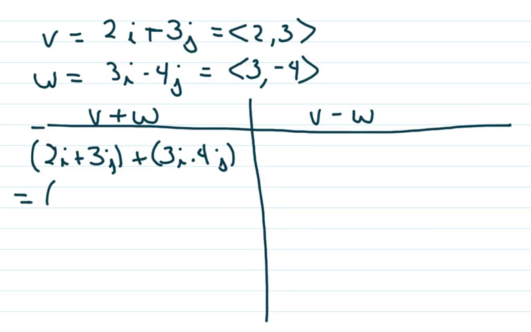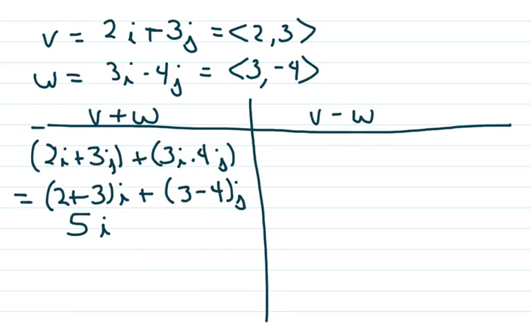That equals (2 plus 3)i plus (3 minus 4)j. And when you combine these, you're going to get 5i minus j. And that is v plus w.